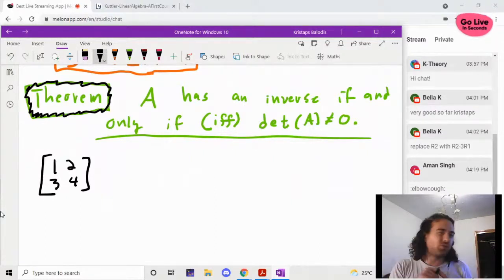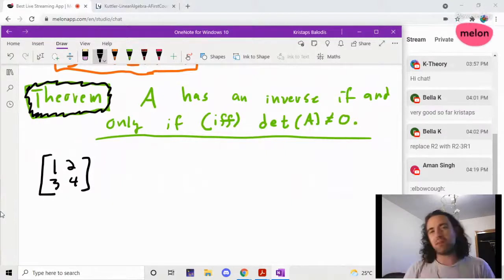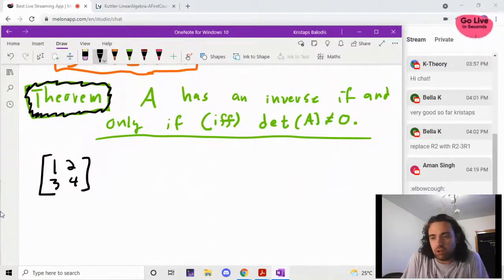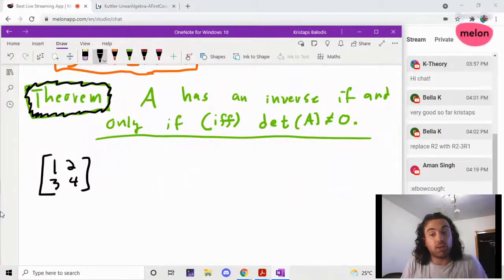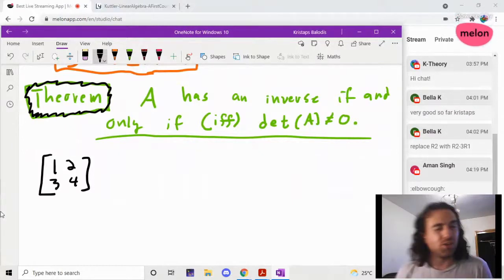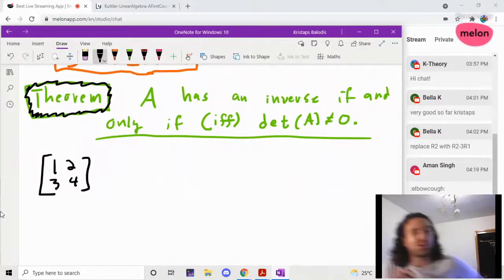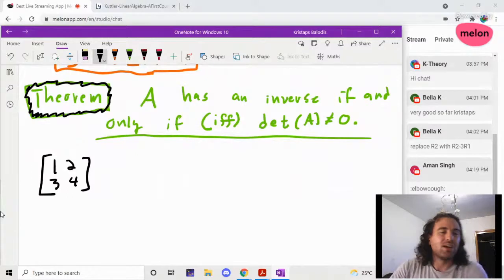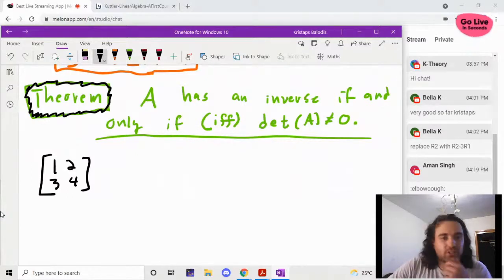Then check what its determinant is, and see if that matches up with what the theorem is telling you. If you find something that contradicts the theorem, then you either need to check your work and your understanding, or maybe the theorem's wrong. Although if it's in a linear algebra textbook, the theorem's probably not wrong. It's definitely not wrong in this case.